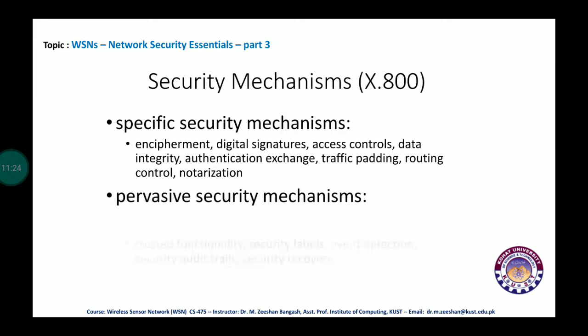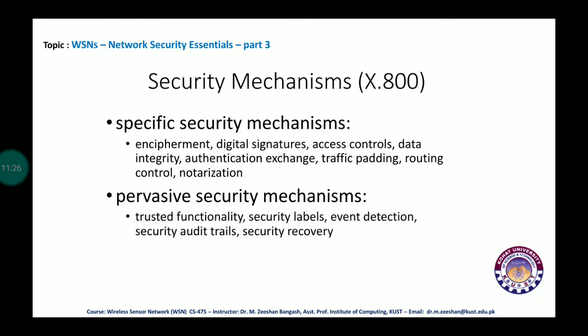And pervasive security mechanisms like security labels, trusted functionality, event detection, security audit trail, and security recovery are not protocol layer specific mechanisms. So this is something to be considered.